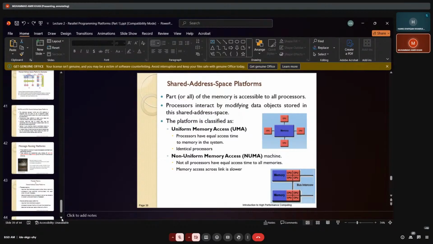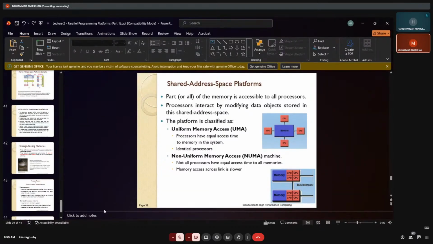Shared address platform: part or all of the memory is accessible to all processors. Processors interact by modifying data objects stored in this shared address space. This platform is called UMA and NUMA: Uniform Memory Access and Non-Uniform Memory Access. In UMA, processors have equal access time to memory in the system, identical processors.